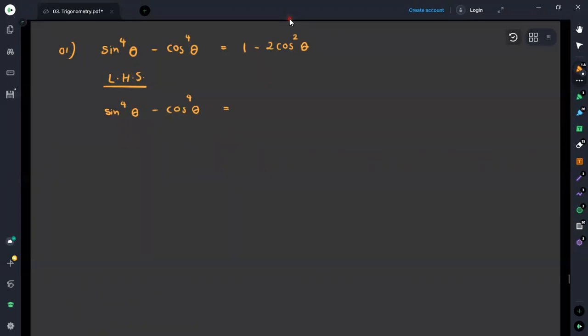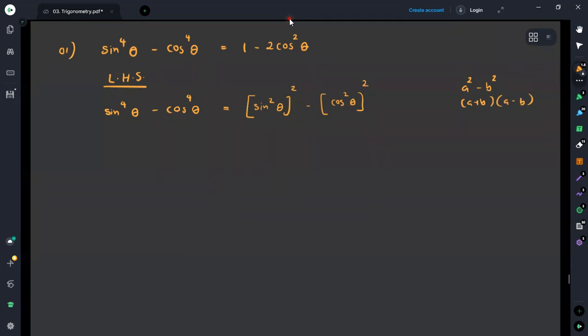Instead of this power 4, I will convert it to the power 2: sine square theta, all to the power 2, minus cosine square theta, all to the power 2. Now we can see that this is quite similar to a squared minus b squared. If we consider this as a and this as b, then a squared minus b squared can be written as a plus b times a minus b, the difference of squares.